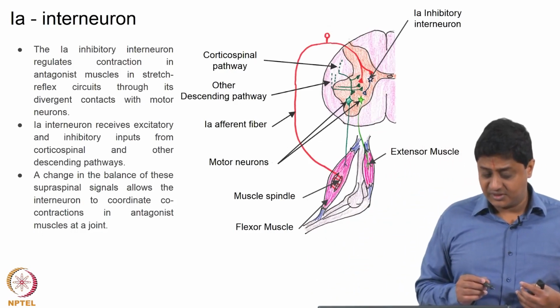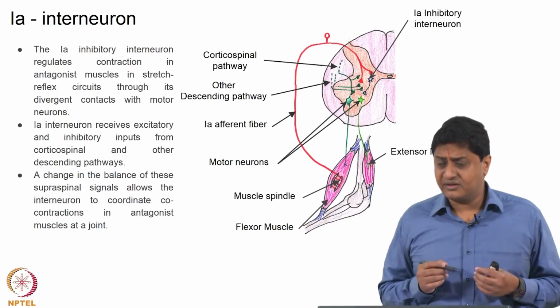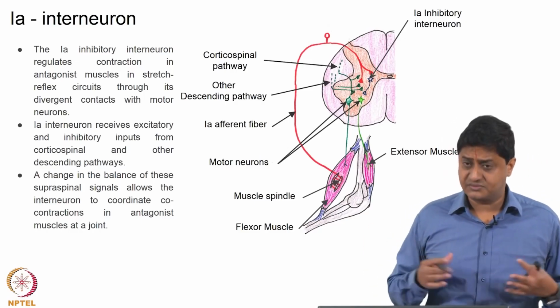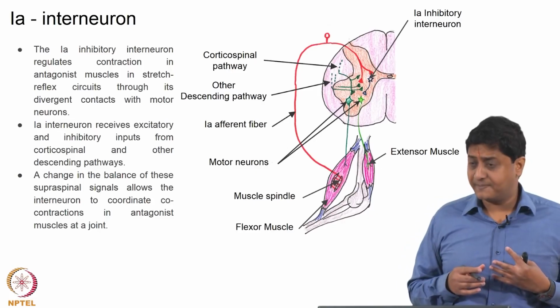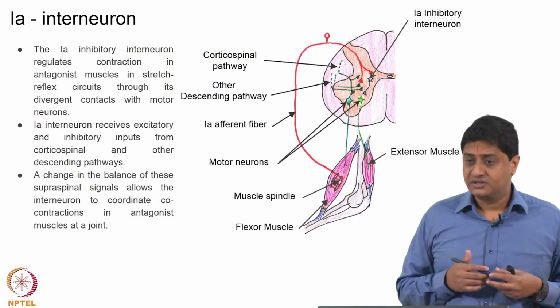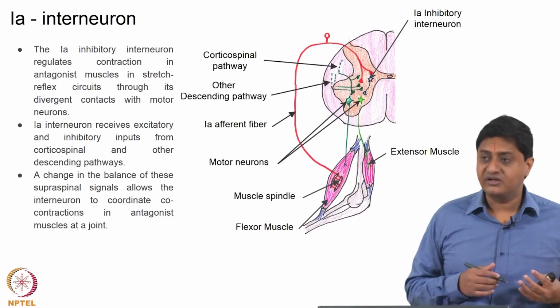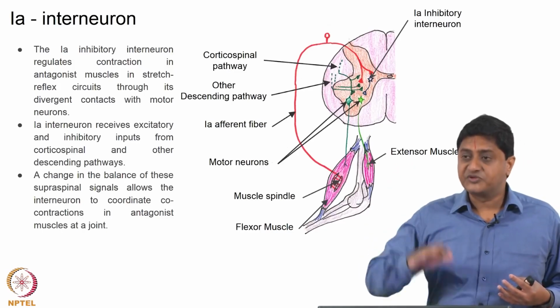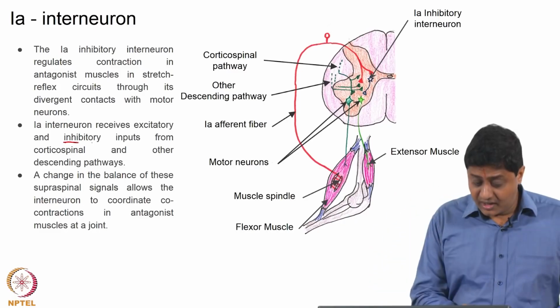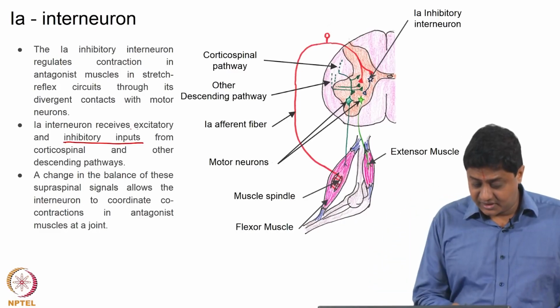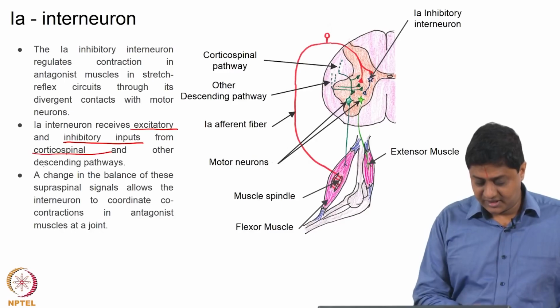Let us also remember it receives multiple inputs. I have only mentioned two sources, the Renshaw cell and the 1A afferent, but it also receives inputs from the descending system, which can be both excitatory and inhibitory, from corticospinal and other descending pathways.